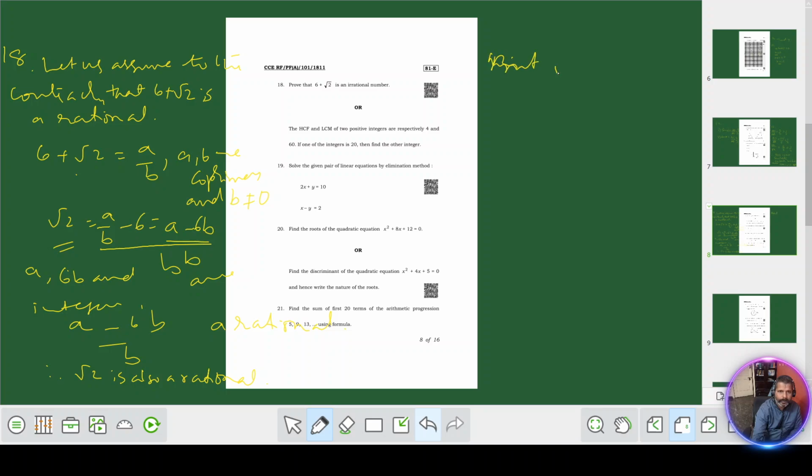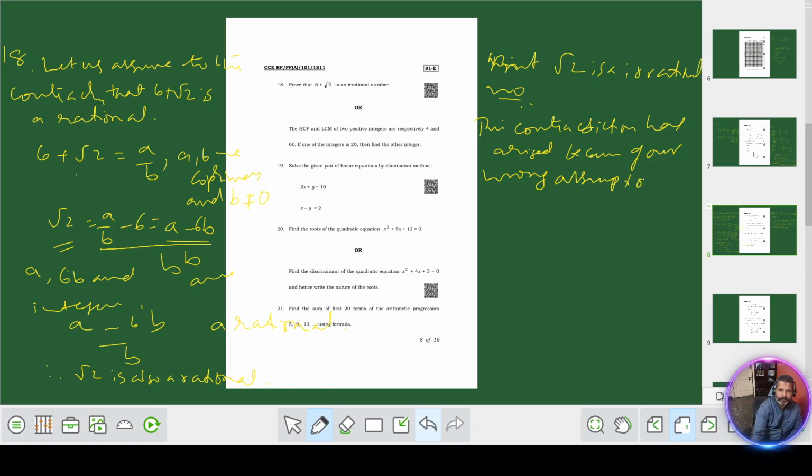But root 2 is an irrational number, right? We know root 2 is an irrational number. Therefore, this contradiction has arisen because of our wrong assumption, because we assumed in the first step that 6 plus root 2 is rational.